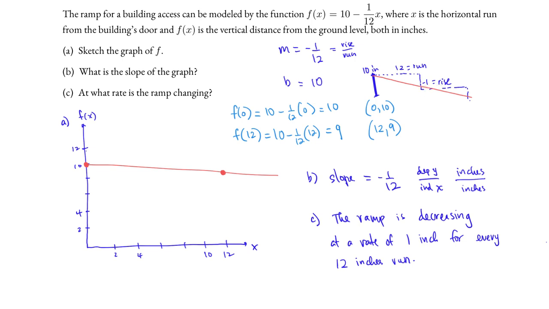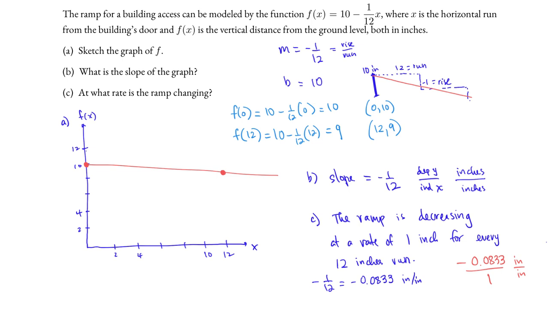Another way to interpret it is to put it in the unit ratio. And so negative 1 over 12 is negative 0.0833, and the units are again inches over inches. The advantage of putting this in the unit ratio is that now we have negative 0.0833 over 1, again inches over inches.